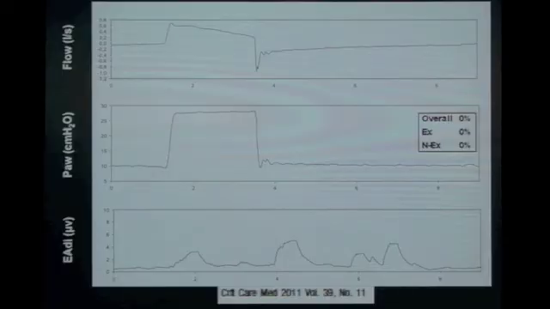In this case, there is a complete dissociation between the electrical activity and the mechanical activity. This is an example of full, complete neuromechanical uncoupling. So there is electrical activity not generating any air displacement, any effect on the airway pressure. So, neuromechanical uncoupling.